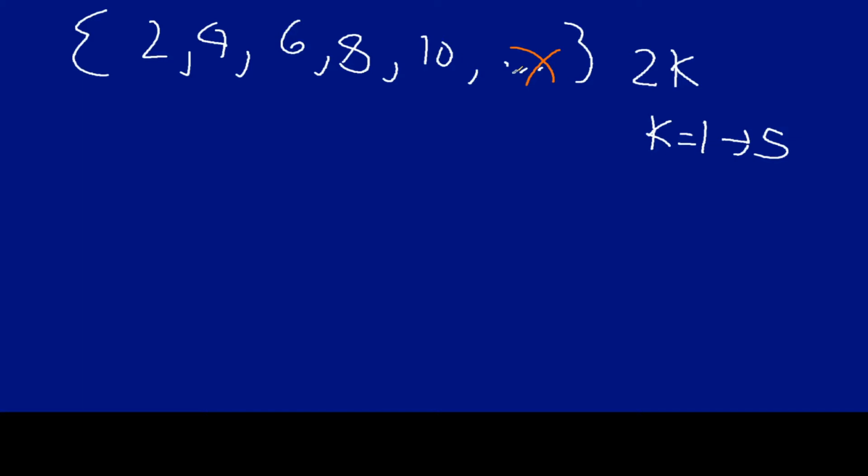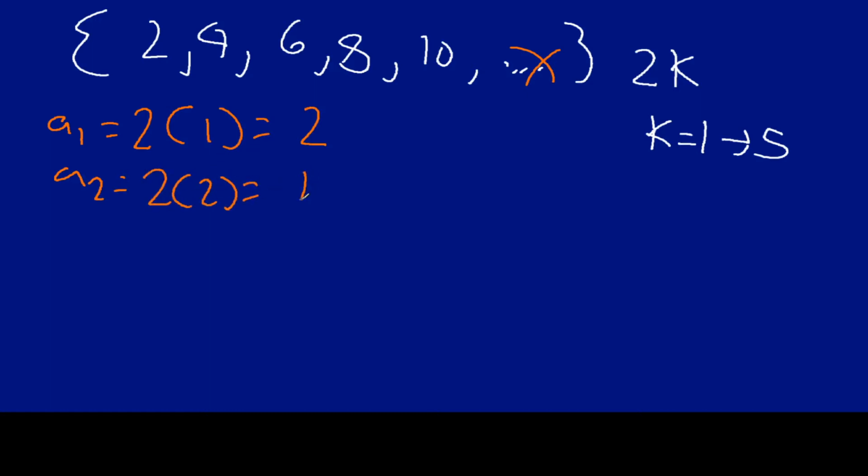So it's going to be k from 1 to 5, and to get these first 5 numbers, you just take the k value and multiply it by 2. To give you the long version of this, when I have a sub 1, that's 2 times 1, and that's how I get my 2. A sub 2 is 2 times 2, that's going to give me 4.